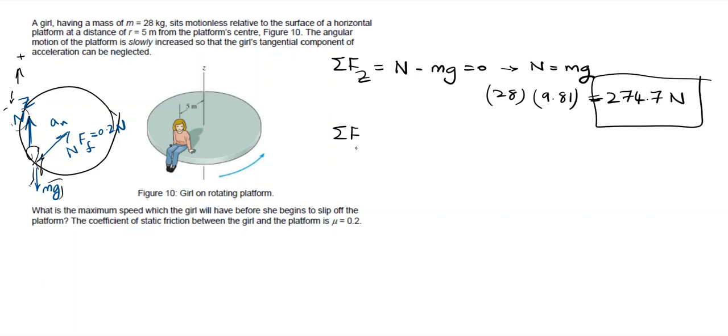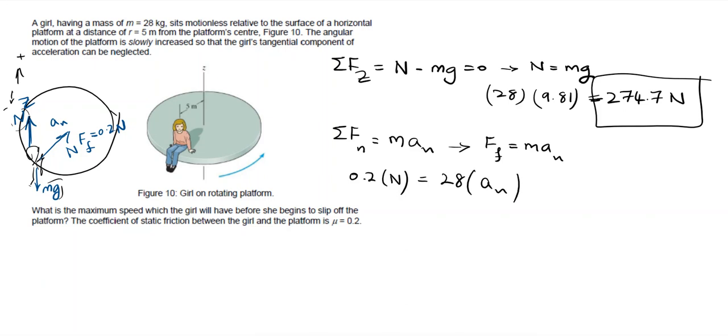The sum of all forces in the normal direction is equal to m a_n. The force in the normal direction is the force of friction. The force of friction is equal to m a_n. I said that it is 0.2 times N, equal to 28 times a_n.